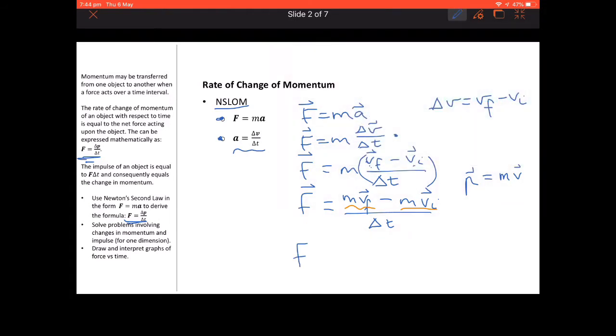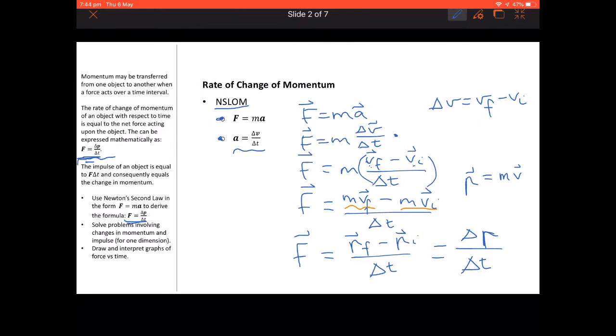So overall, we'll have momentum final minus momentum initial over the change in time, and the change in momentum is equal to the final momentum minus the initial momentum. So we can just write this as change in momentum over change in time, and that's how you derive that equation.